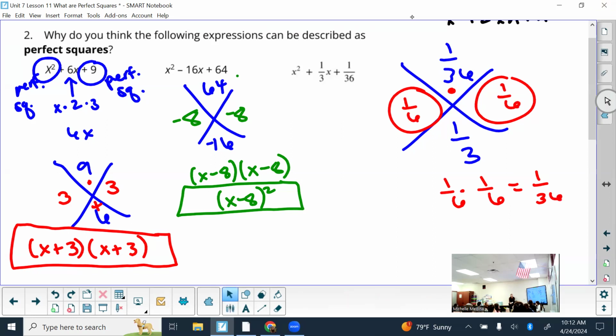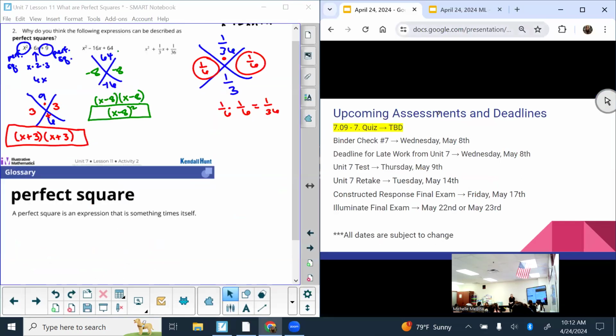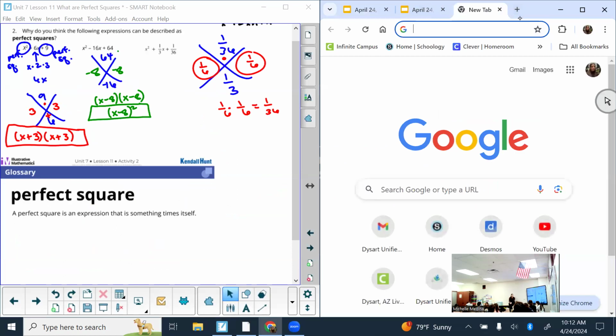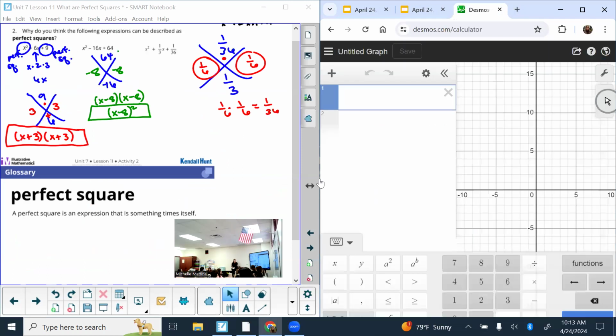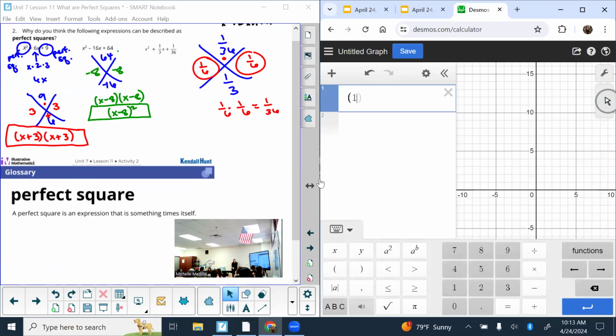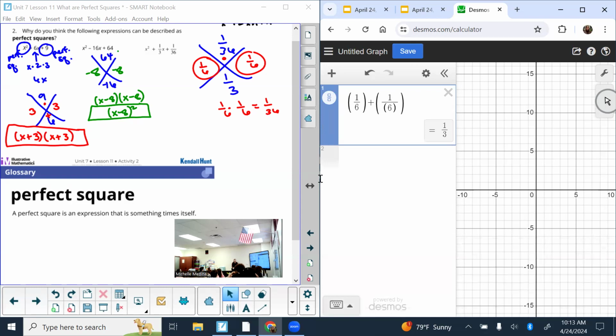See if it adds to the bottom, and you can even use your calculator for that. Probably not your phone calculator unless you have it specifically on Desmos, but all other scientific calculators and graphing calculators can do this for you. I know adding and subtracting fractions is annoying, so you need to have the same denominator. But if you use your calculator, you can see the decimal, and then if you press this button, you can see the simplified fraction.